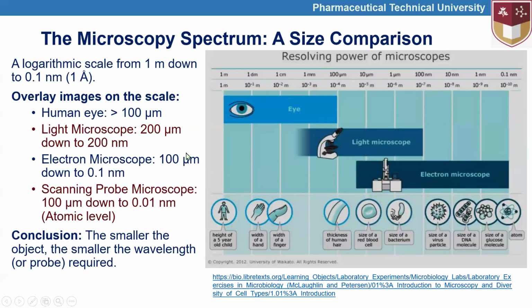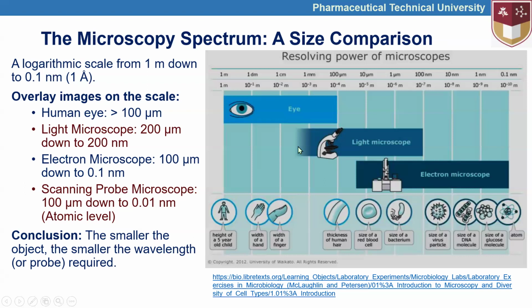Okay, now we are going to talk about the microscopy spectrum, which can be compared to the abilities of the human eye. As we notice here, the human eye at maximum can identify 0.1 millimeter objects, and the smallest object that our eye can identify is 100 micrometers.